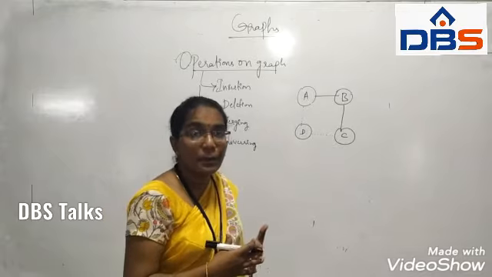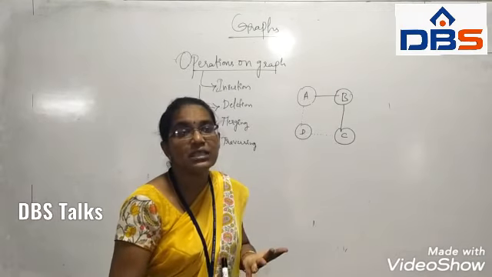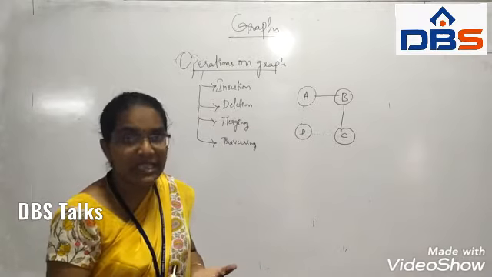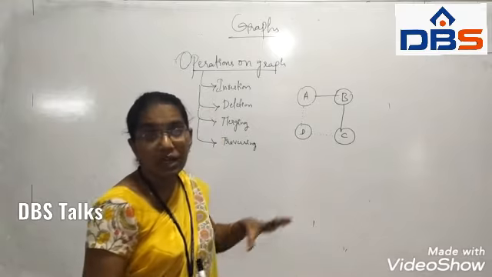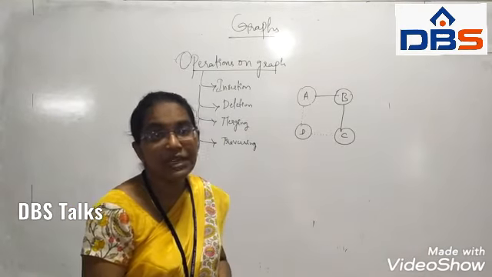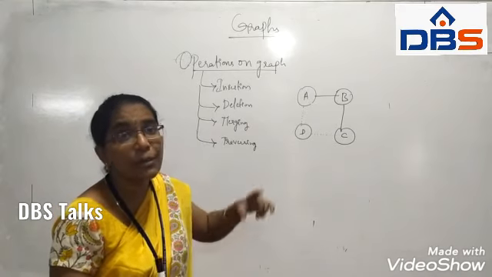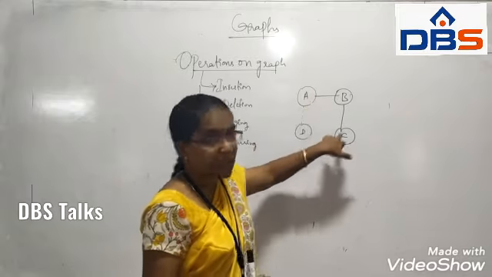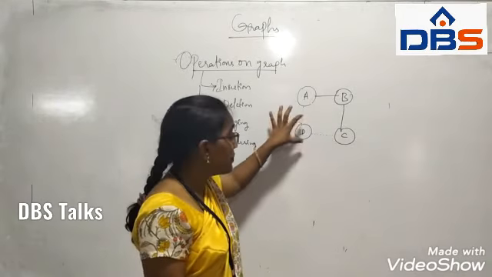If you are going to represent, first of all you have to think whether you are going to represent with this adjacency matrix or adjacency list. If we are going to represent with this adjacency matrix, we have already discussed that we have to take the size of the matrix, and the size depends upon the number of vertices. Here, first the number of vertices is 3. But another vertex came, D.